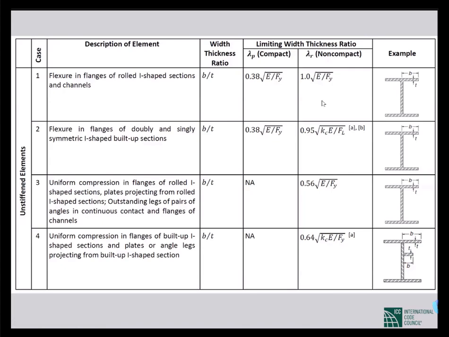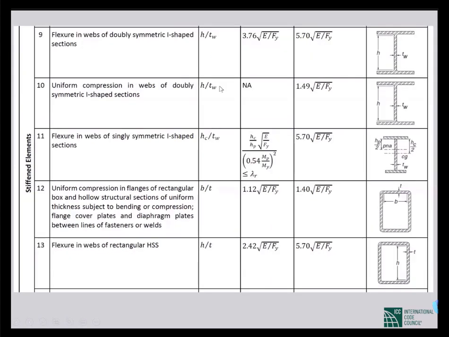In case of unstiffened element, like the flange here, in this table of BNBC, the b by t ratio, for example, is the slenderness ratio, and how to define b and what is t are shown in pictures like these. Depending on this b by t ratio, and in case of web, h by tw ratio, where tw is the web thickness, we define the slenderness of the elements.